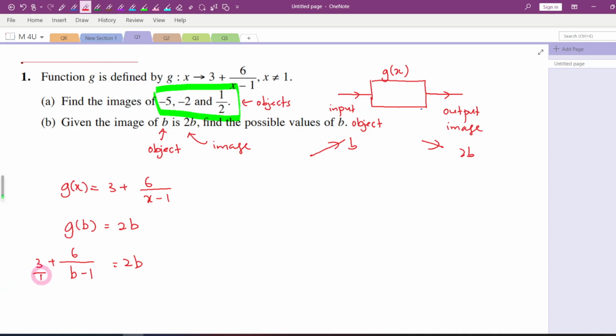So what I'm going to do, I'm going to times this by b minus 1 and do the same thing for the numerator. So 3 times b minus 1. So 1 times b minus 1, you get b minus 1.